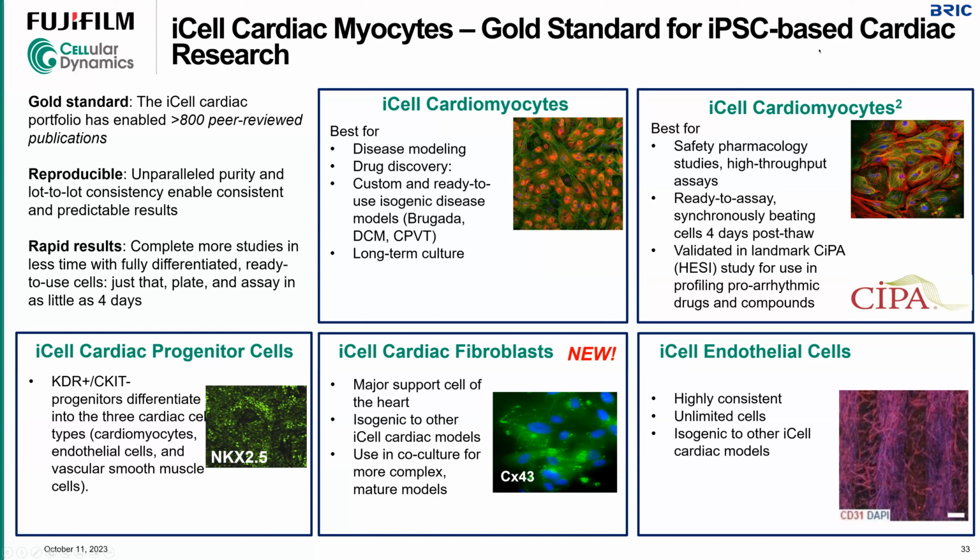Starting with cardiomyocytes, iCell Cardiomyocytes² just provides you with a faster solution, with the cells ready 4 days post-plating upon thawing, so you can start using them for your compound screening. And I'm not sure if any of you are familiar with the CiPA initiative from HESI, but this is a massive initiative that focuses on establishing cardiac models on MEA platforms, making sure that you're not missing out on compounds which are targeting hERG channels.